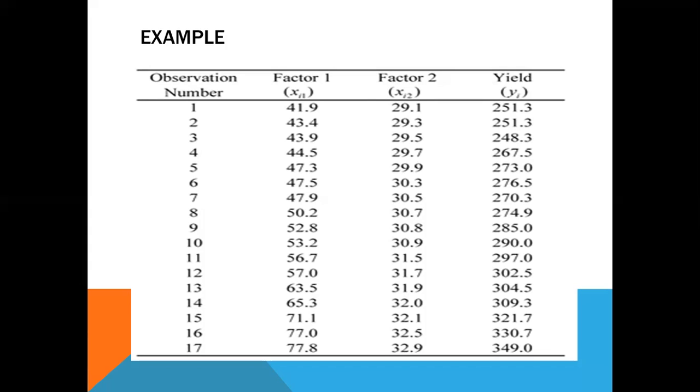All right, so it is like x11, then x21, x31, x41, that is 41.9 is x11, then 29.1 is x12, then 43.4 is x21, then 29.3 is x12, like this it goes on. Okay, so we need to solve using the formula.